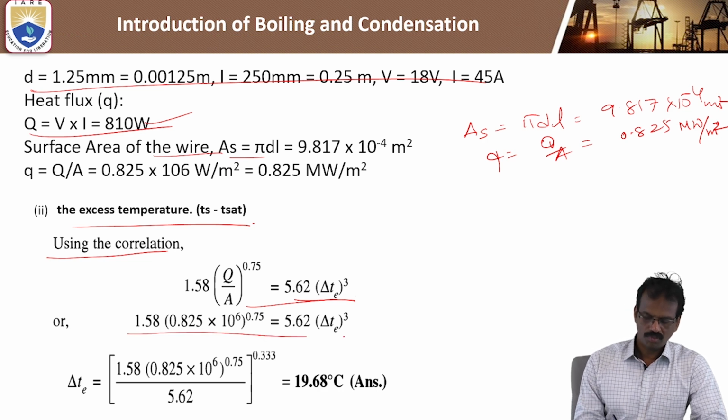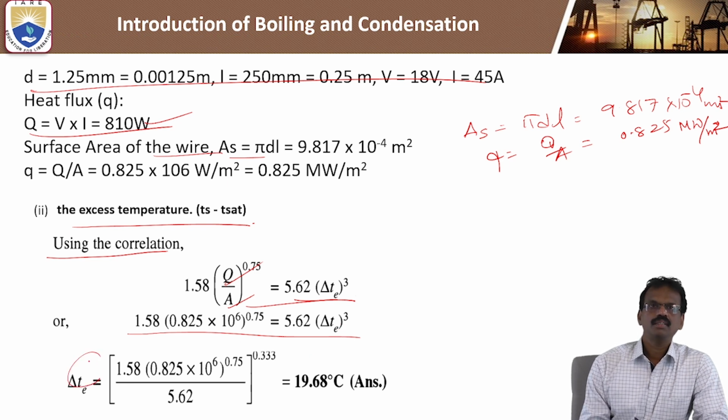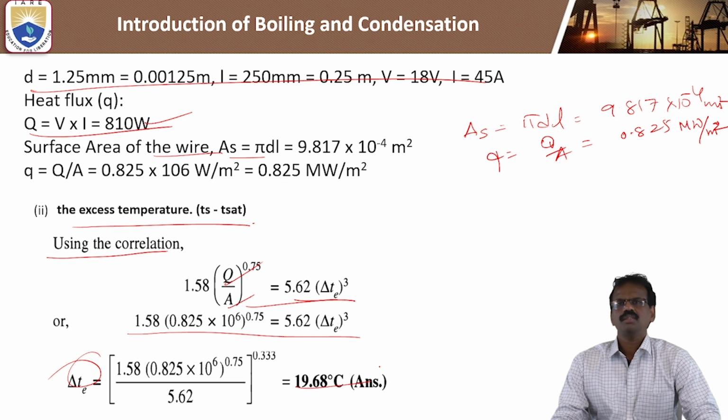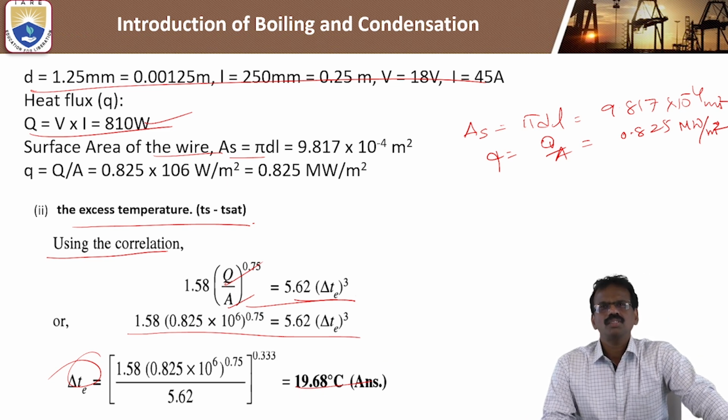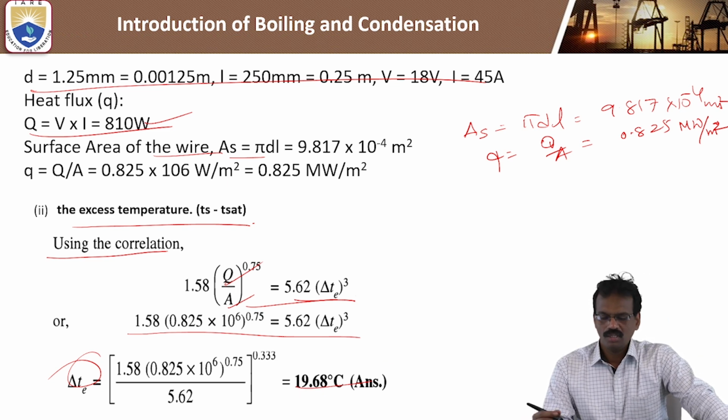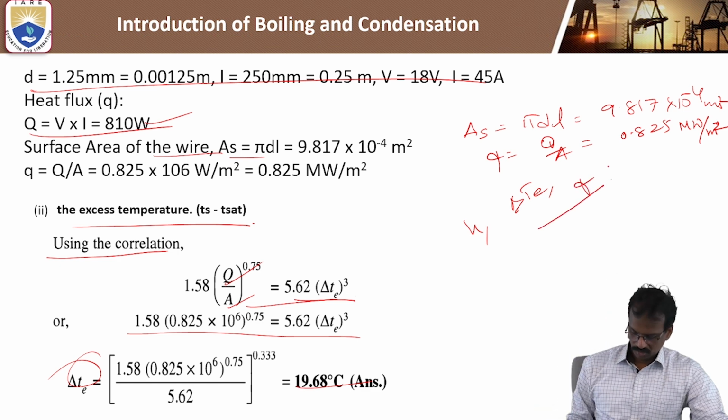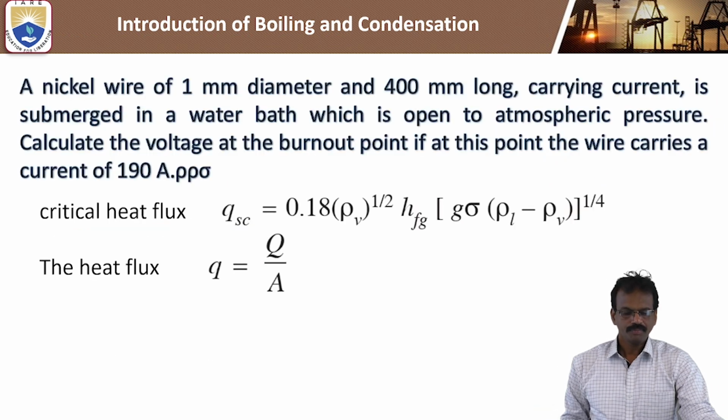So by using this formula, you know the Q value, A value, and you have to find out the delta T. So delta T is equal to 19.68 degrees Celsius. So in this way, we can find out the rate of heat transfer by using data, and excess temperature delta T, and the heat flux also we can find out. Okay. So next we will see another numerical.